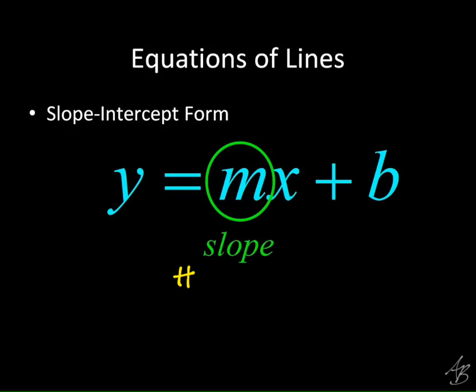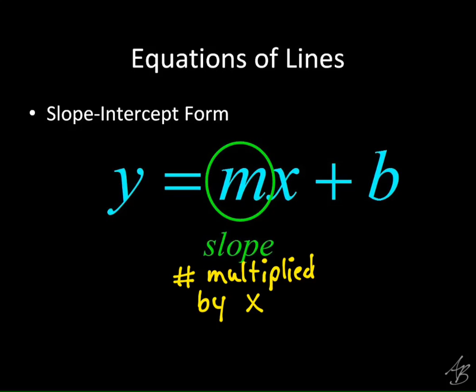The number multiplied by x. All right, so the slope is always going to be the number that's multiplied by x. So I want you to write that down underneath the equation. Try to squeeze it in up there. Okay, that's a really good thing to remember.